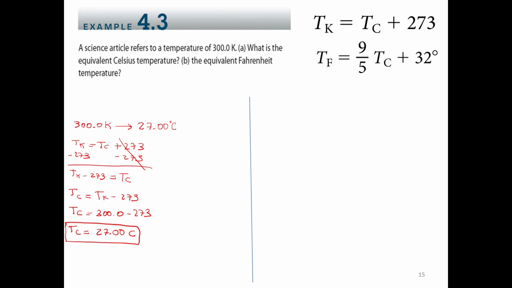In the second part, we want to convert 300 Kelvin into Fahrenheit.